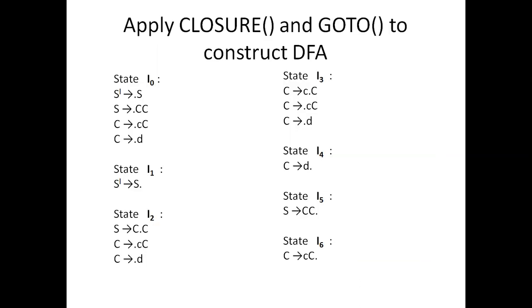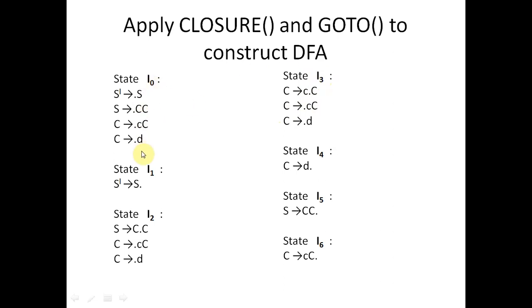I0 state is receiving a terminal here. This is small c and small d. That means I0 state on receiving small c makes a transition to I3. So what I am supposed to write: I0 state on receiving c, shift 3, that is, shift the symbol and make a transition to 3.